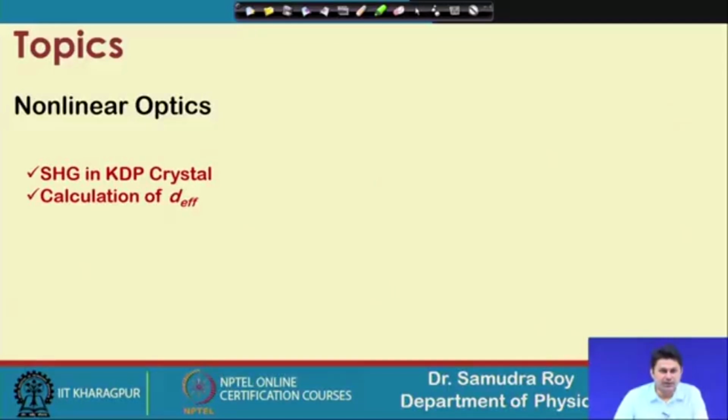That is very important, because even though we have a D matrix in hand, and we know that among its coefficients a few are involved in second harmonic generation, the effective value of D may not be the same as in the D matrix. Some additional multiplicative term should be there, and we should understand very clearly why it is there. In this class we will understand how one can calculate the D effective for a given system.